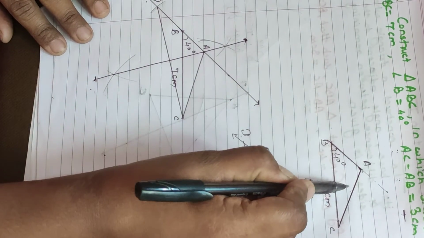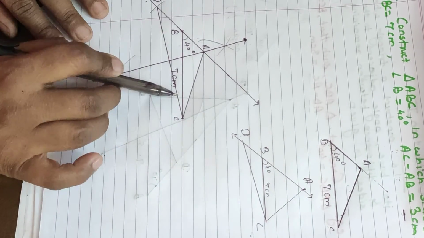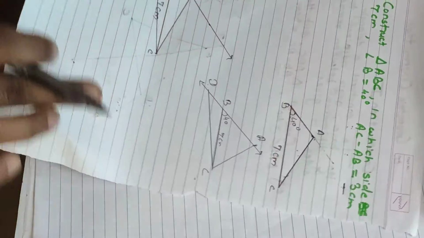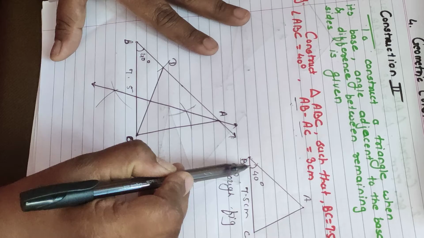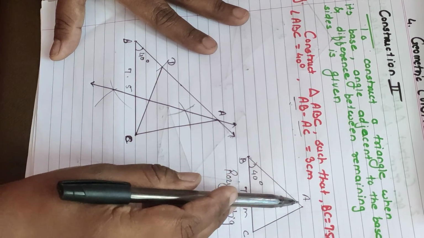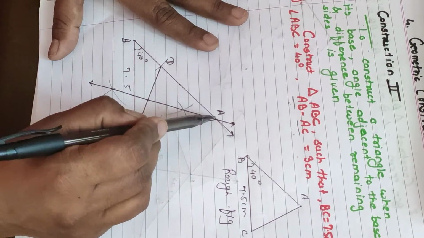If the angle's opposite side is greater, we have to do the construction below BC. If the side adjacent to the given angle is greater, we have to do the construction above the line.